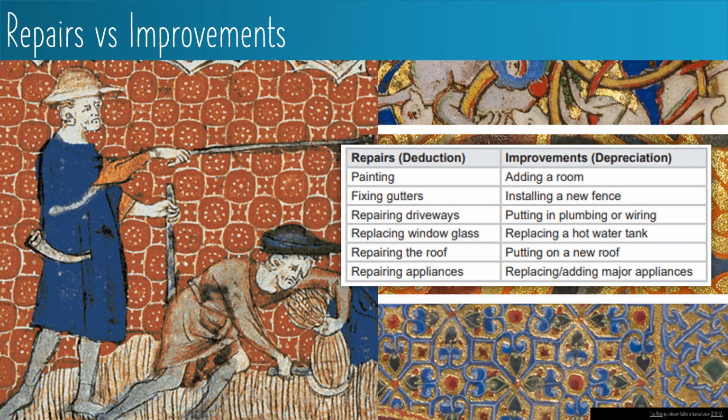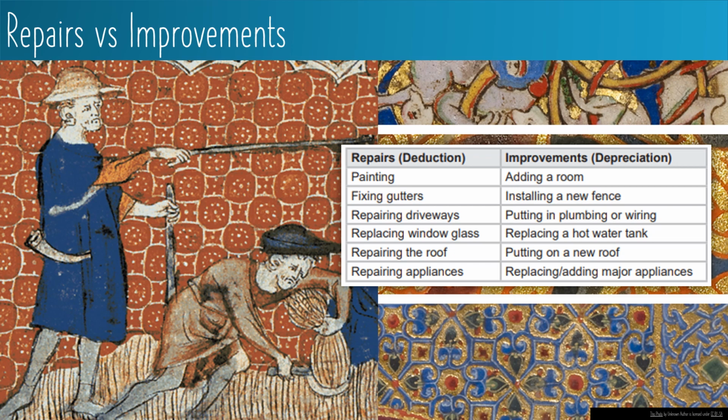Improvements, on the other hand, tend to be much larger. They often extend the life of the asset, or they enhance it in some way. So things like adding a room enhances the overall property, right? It kind of changes the nature of it now that it has a new room.